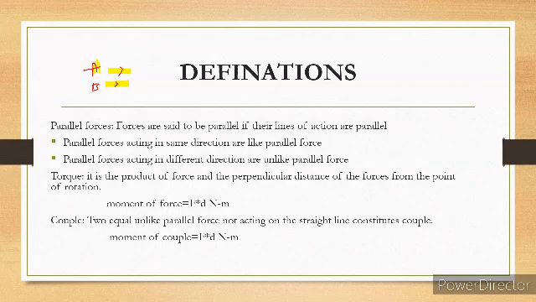What I've shown in the diagram is like parallel forces. If one is from this side and one is from that side, this is A and this is B, at different directions, this is called unlike parallel forces. So these are two different kinds of parallel forces.